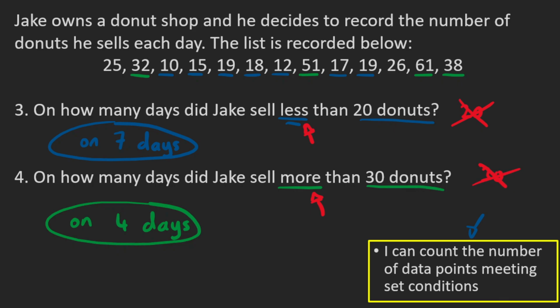In order to include the number 20, we would have to write less than or equal to 20. And then for more than or including 30, we'd have to say more than or equal to.